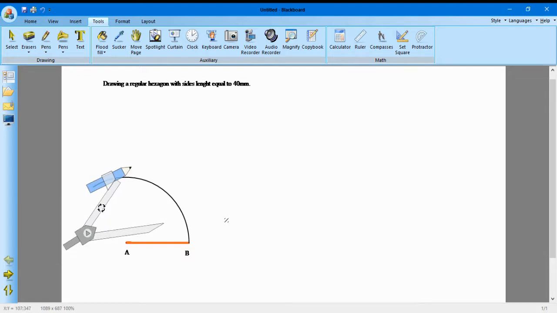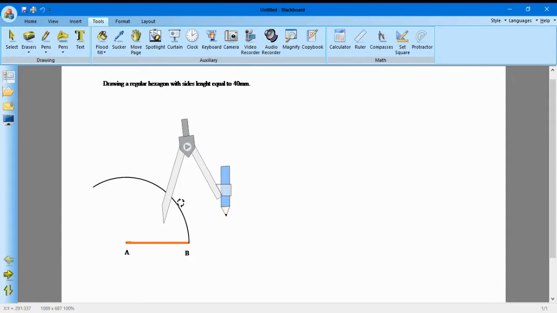Alright, that will be my first step. I will continue with my compass, and now I'm going to be placing my compass at point B, and I will open it to point A, which is going to be right here.